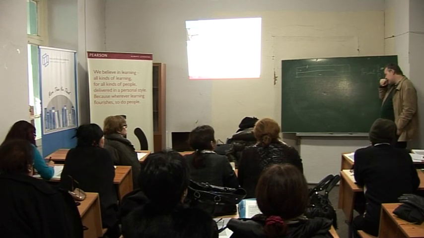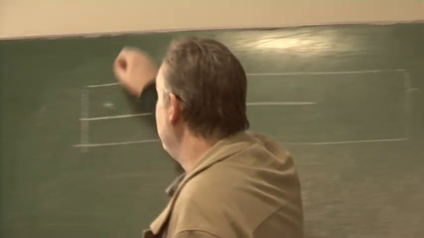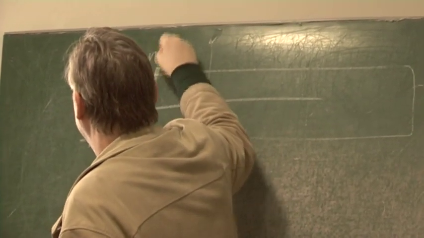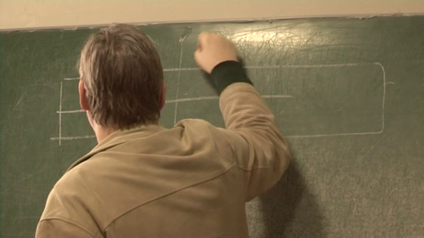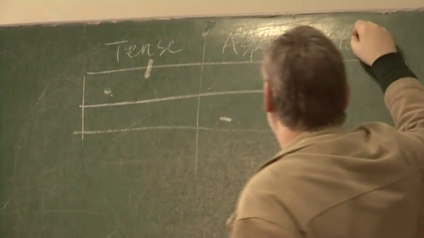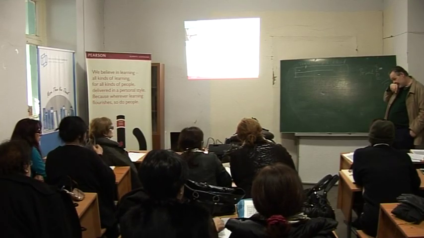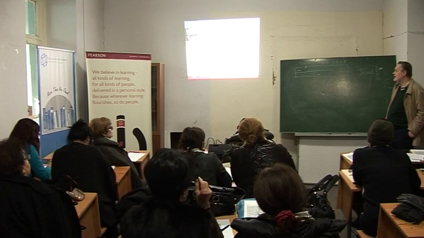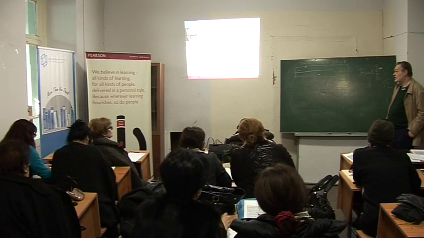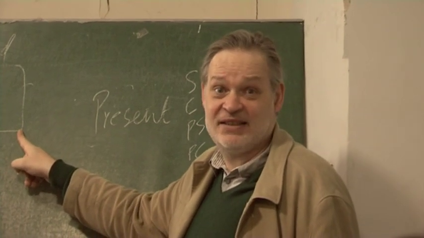So you could divide English into tense, aspect, and mood. Tense, aspect, and mood. Yeah? And I think in terms of morphology, most grammarians prefer this pattern.